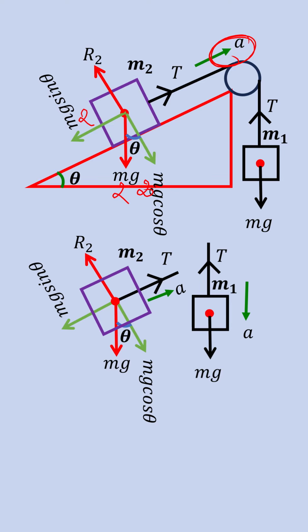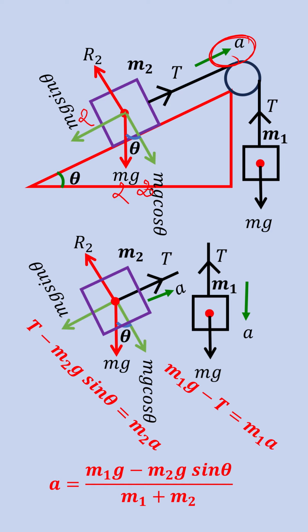Okay, let's see. Now, for mass m2, mass m2 is going rightward. That's why T minus m2g sin theta equals m2a for the x-axis. And there is no vertical motion. That's why R2 equals m2g cos theta.